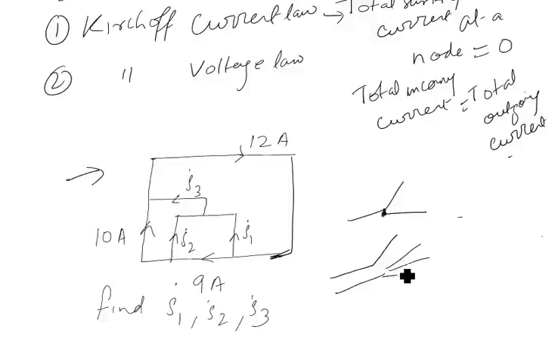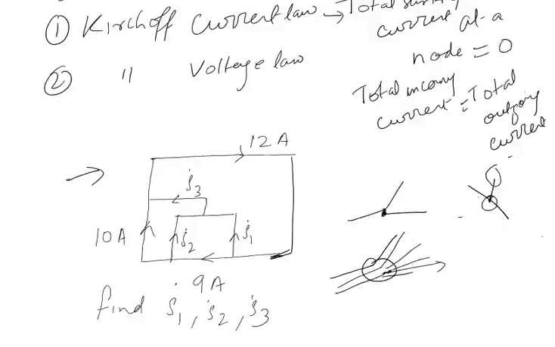Water will come here and it can go there also. So this is a node. Like a leaf on a branch, this is a node. A node is that point where you have a diversion.